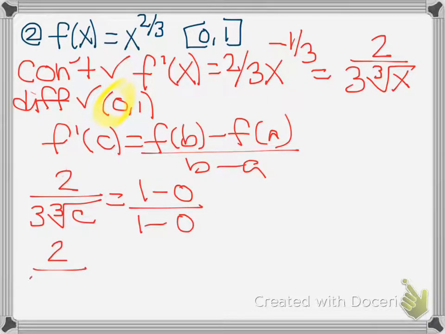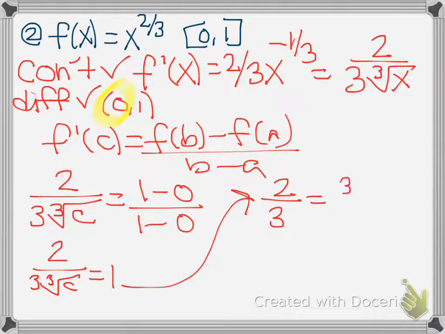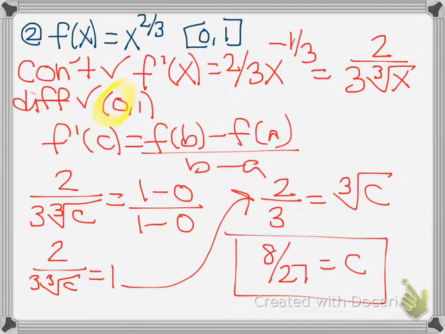So that means 2 over 3 cube root of c equals 1. Bringing it up here for space, I'm going to say that 2/3 equals the cube root of c. How do I undo cube rooting? Raise everything to third power, and we get that 8 over 27 equals c. Awesomeness. Let's do one more.